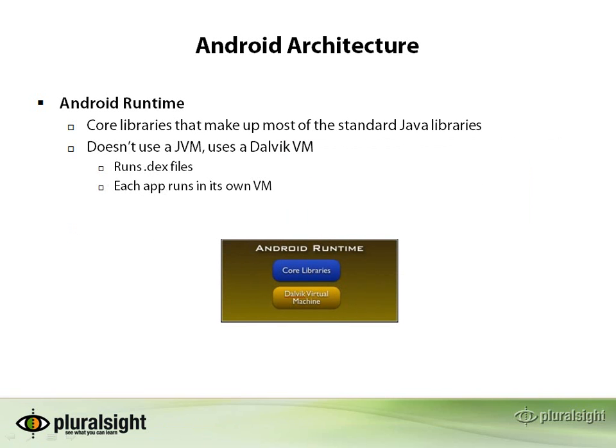Now, the Android runtime is very different than what you might think. The libraries that make up most of the standard Java libraries are included in the Android runtime, but they're not exactly the same ones, and they're not all there. Some of the things specifically that you should be aware of that are not there in the Java libraries are things like reflection.